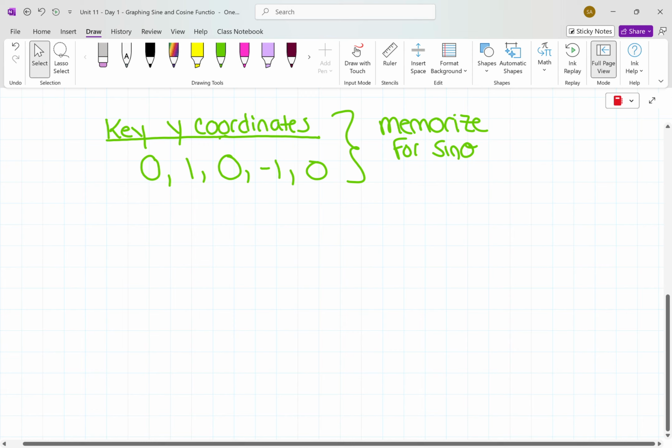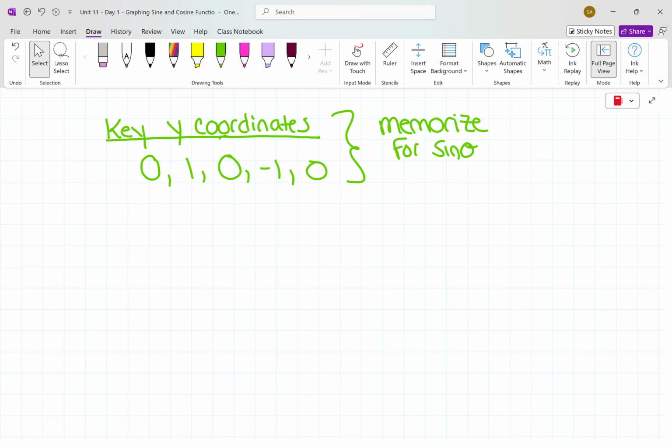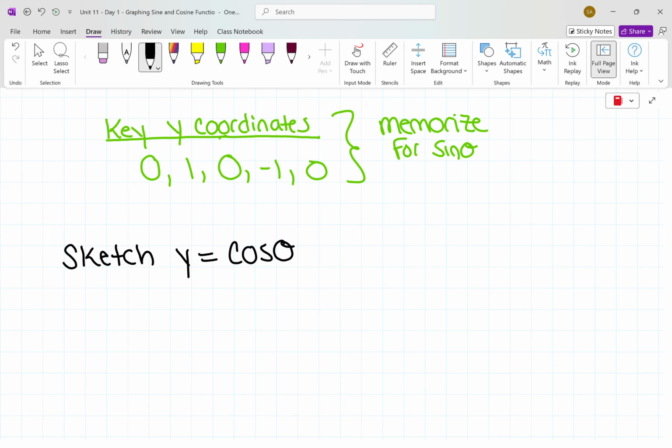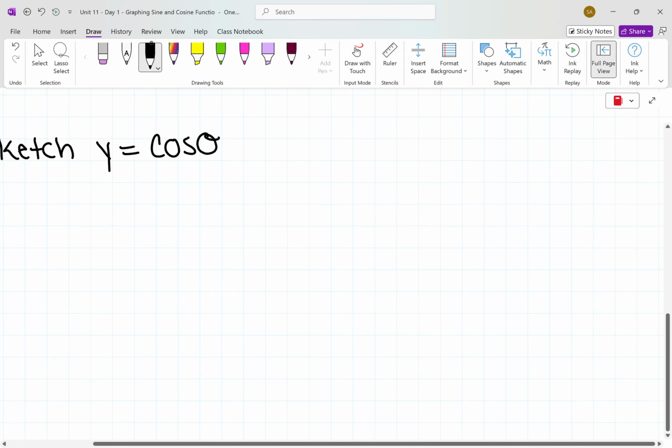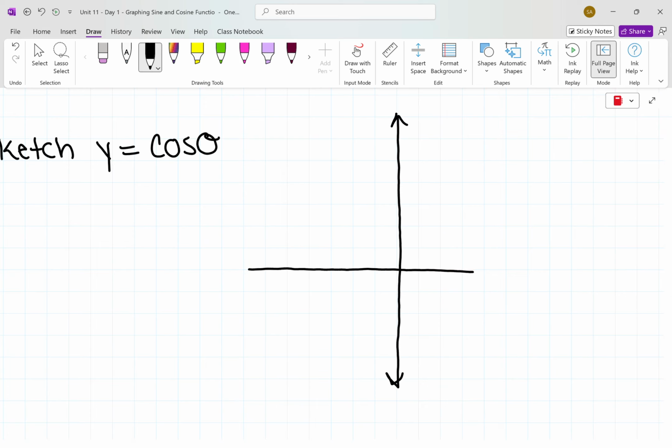Do you guys want to investigate for the cosine? All right, let's investigate for cosine. So I want us to sketch y equals the cosine of theta. First one's 1.